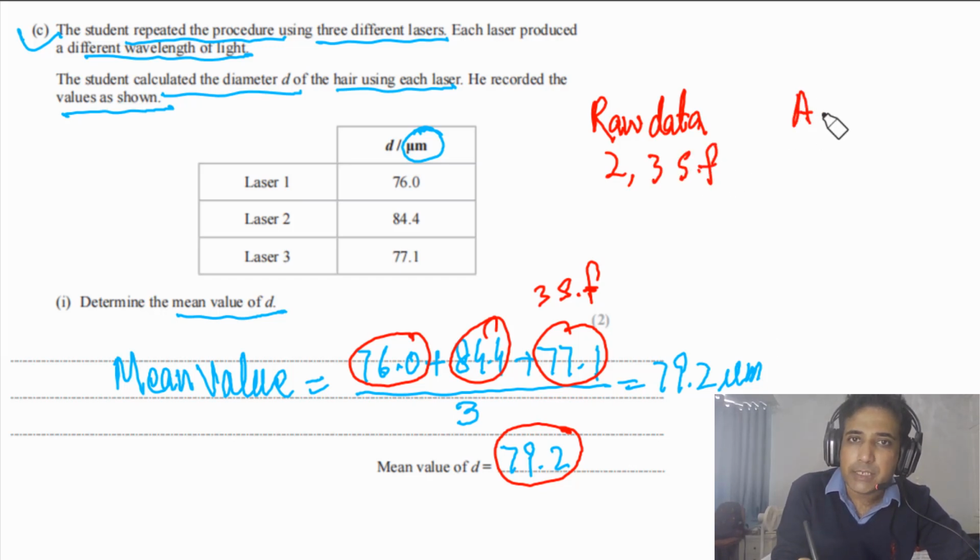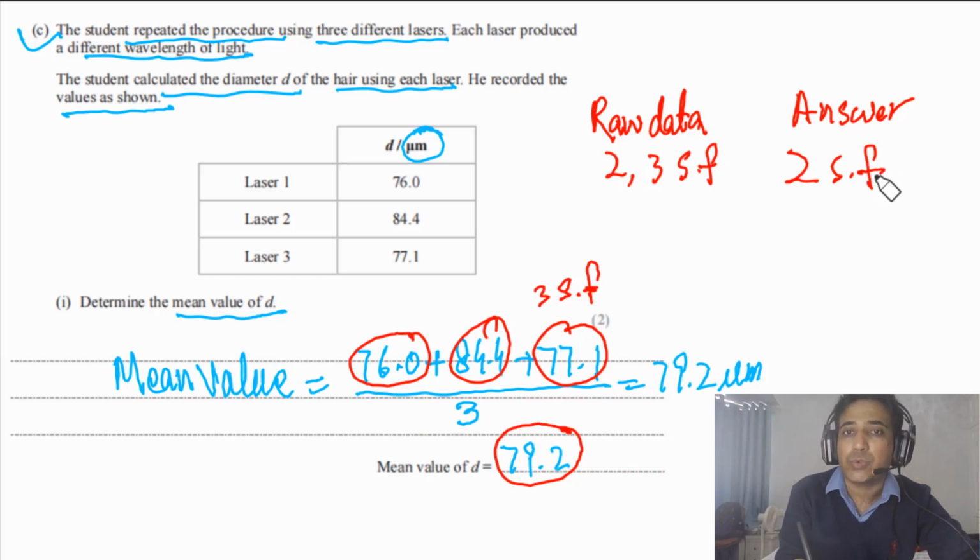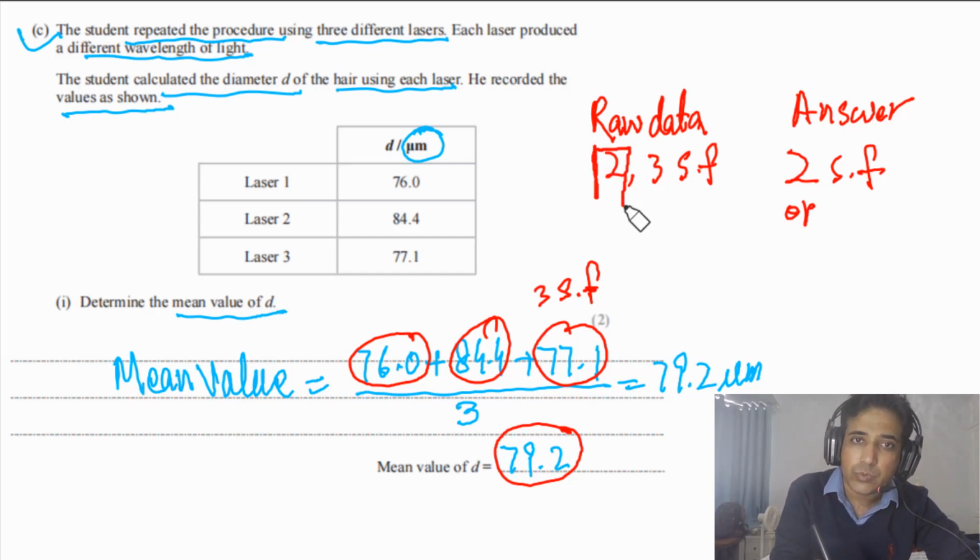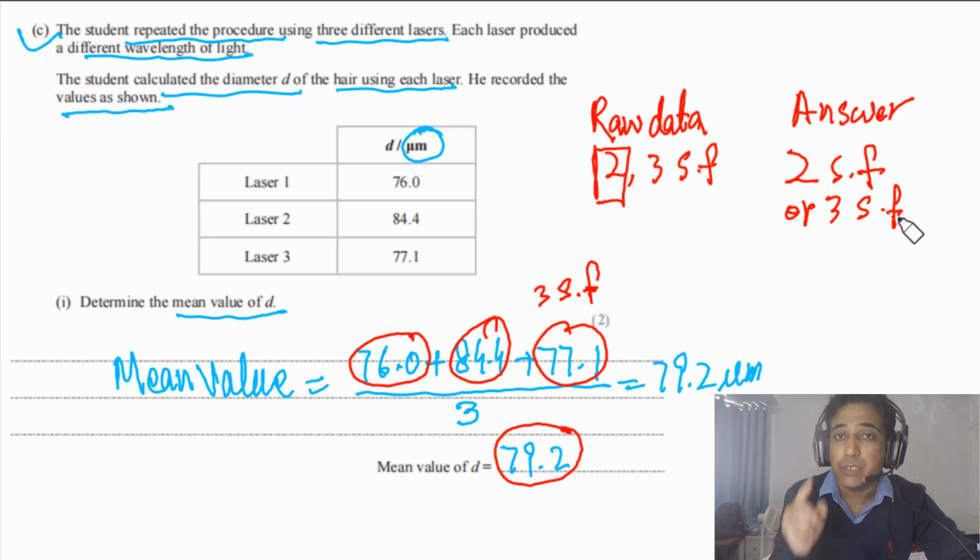So how many SF do we need to use in the answer? You can use 2SF, the least number of SF. It's better to use 2SF, or you can use one more than the least. So the least is 2, so you can also use 3SF.